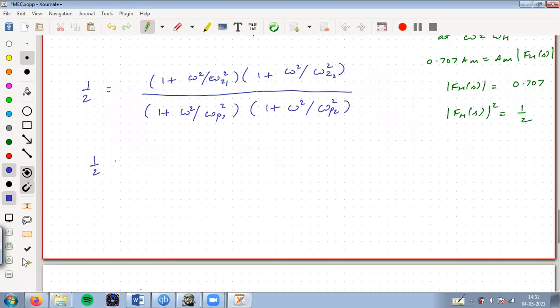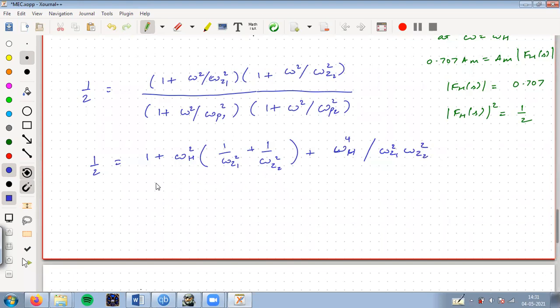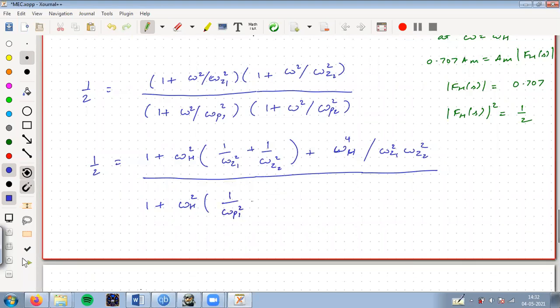Multiply the brackets, take some common terms. You should get half is equal to 1 plus omega h square into 1 by omega z1 square plus 1 by omega z2 square plus omega h power 4 divided by omega z1 square omega z2 square, divided by the same thing in the bottom: 1 plus omega h square into 1 by omega p1 square plus 1 by omega p2 square plus omega h power 4 divided by omega p1 square omega p2 square.